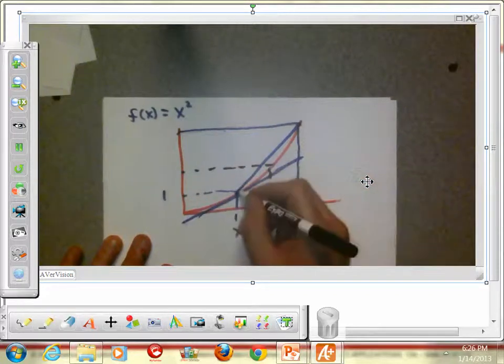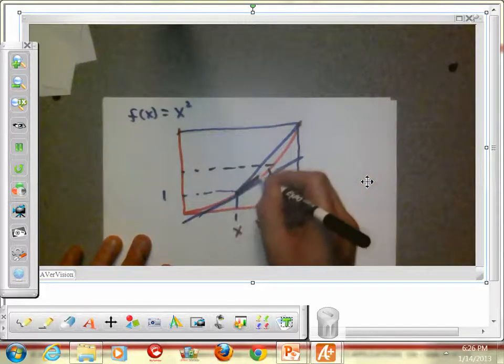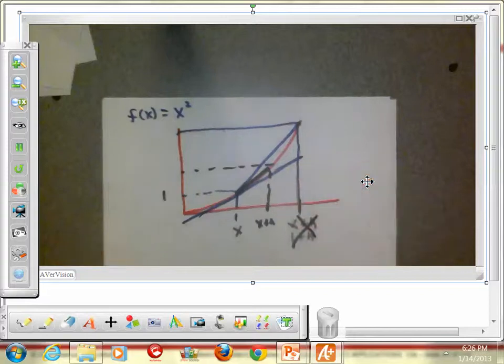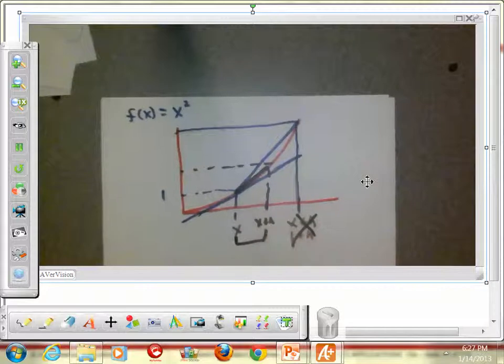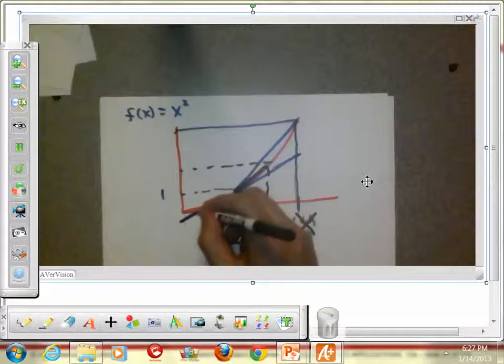And I'm just connecting these 2 points now. And as you can kind of see, the line I drew is starting to mush into the curve a little bit, which is what I like because it's getting closer to what the curve is doing. And as h gets smaller and smaller and smaller, these 2 points are getting closer, and the result is the tangent line.